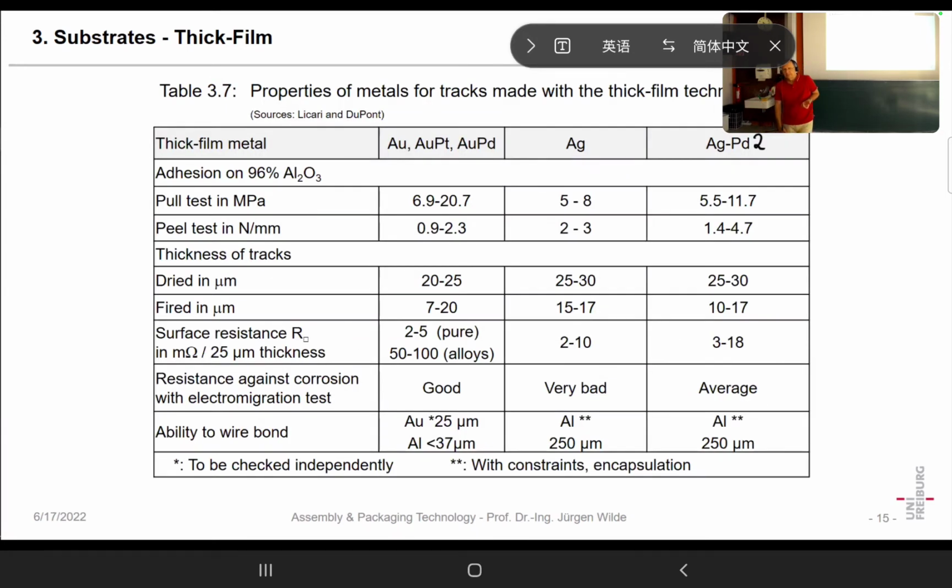Now, question is, which materials can be used for printing? We have already seen when we produce ceramic high temperature packages, we use tungsten or we use molybdenum, which is later on nickel plated. In thick film technology, we do not use these metals because in thick film technology, we use ovens that operate in air.